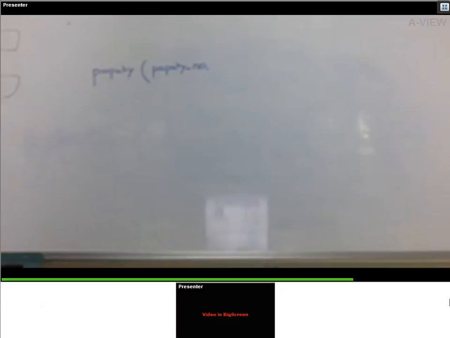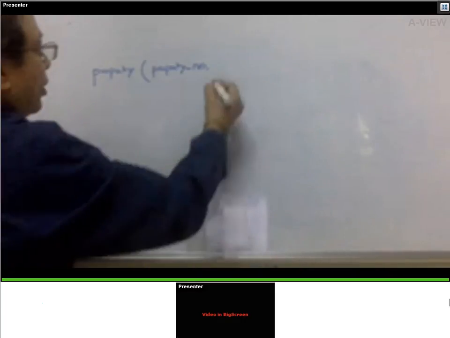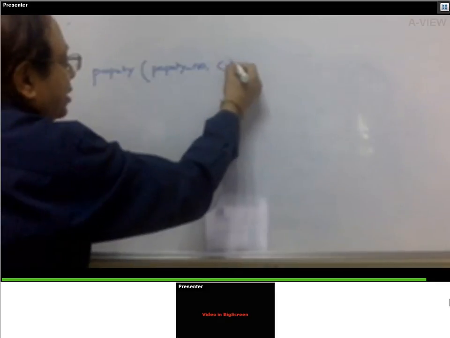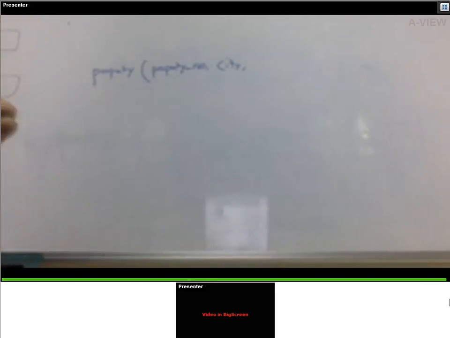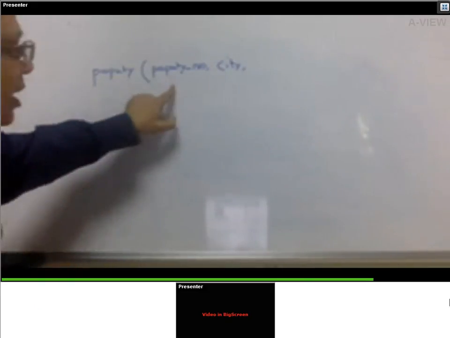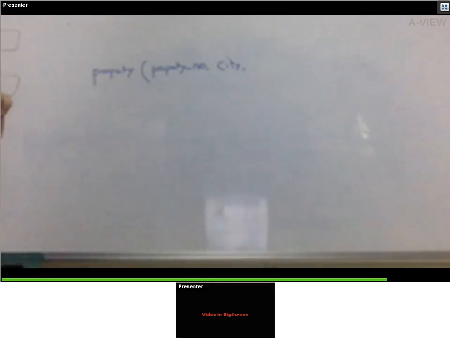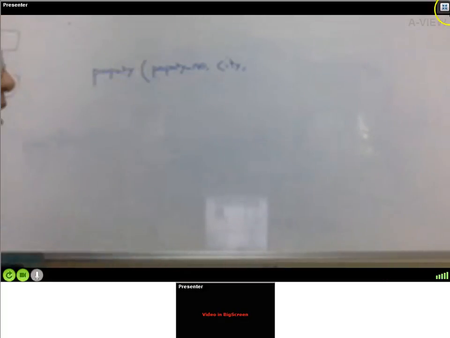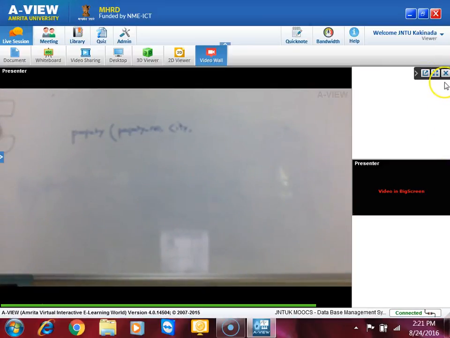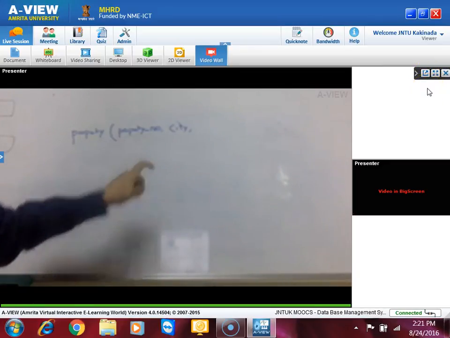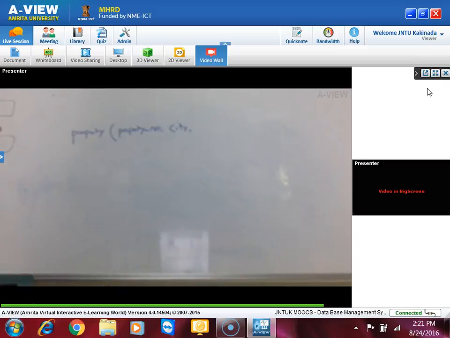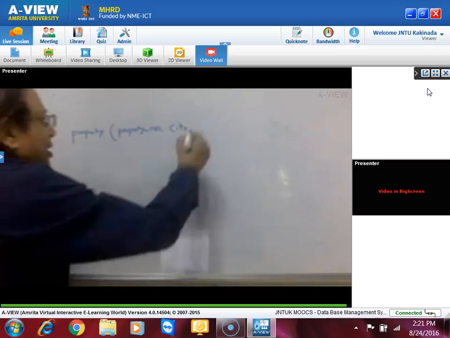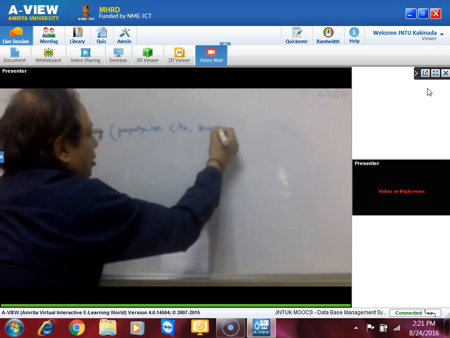Then you also identify the city where this property is located. The property number uniquely identifies the property, for example the house or site, across all the cities. Then you have the city, and within the city, there is a house number for this property.